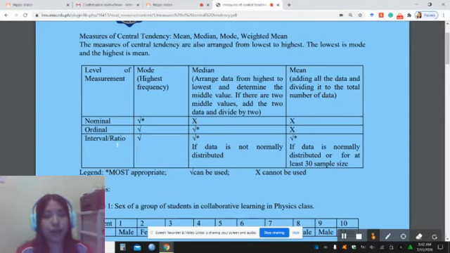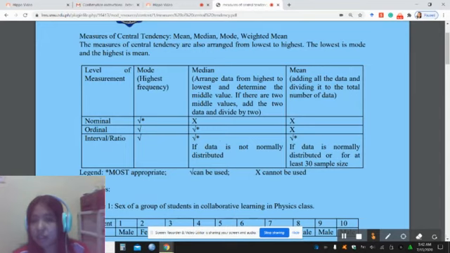Well, for data that is interval or ratio, we can get the mode, we can get the median, we can also determine the mean, but there is an additional condition here that talks about the normality of the data. If the data is not normally distributed, or in other words, it is skewed, then the measure of central tendency that you will report is the median.